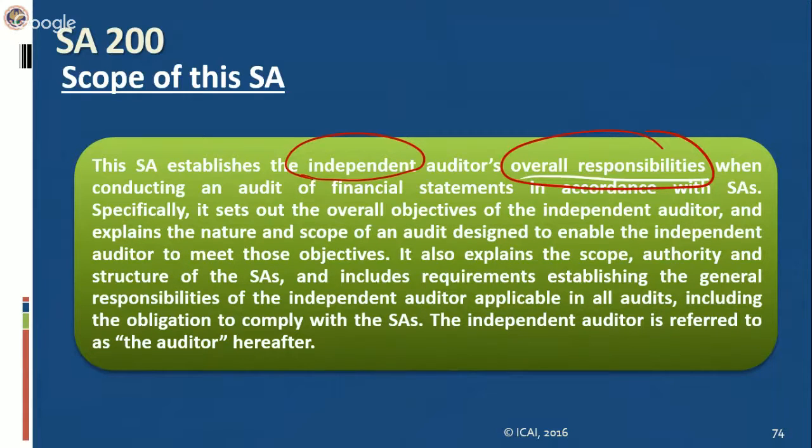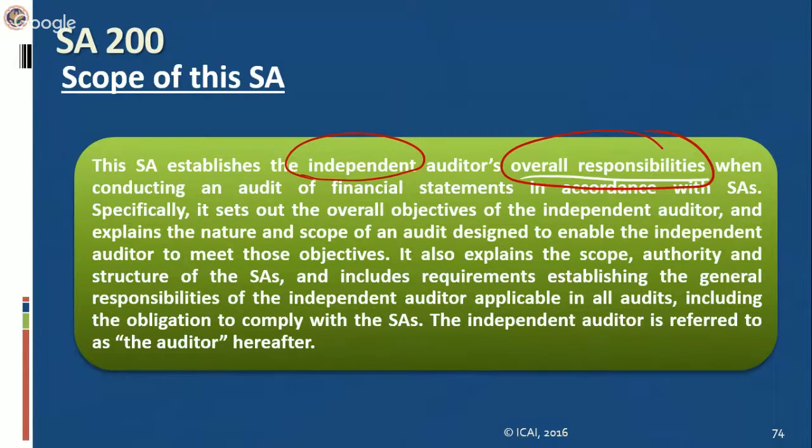There are, of course, many threats to independence, no doubt on this. And independence has been well taken care of by the Companies Act also. Rotation of auditor is basically the concept envisaged in the Companies Act by virtue of independence.